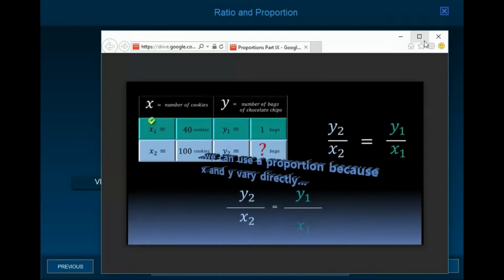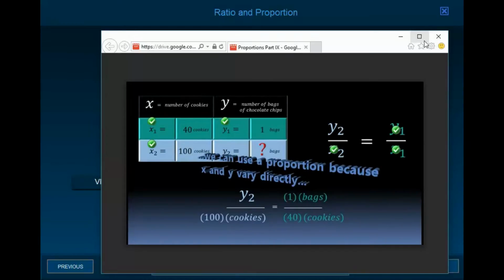x sub 1 is 40 cookies, so we replace x sub 1 in our proportion with 40 cookies. y sub 1 is 1 bag. 40 cookies use 1 bag of chocolate chips. At a different point in time, we want to make 100 cookies. x sub 2 is 100 cookies.